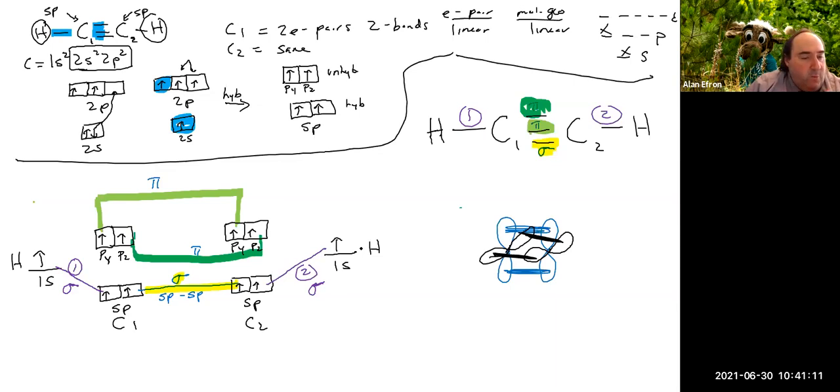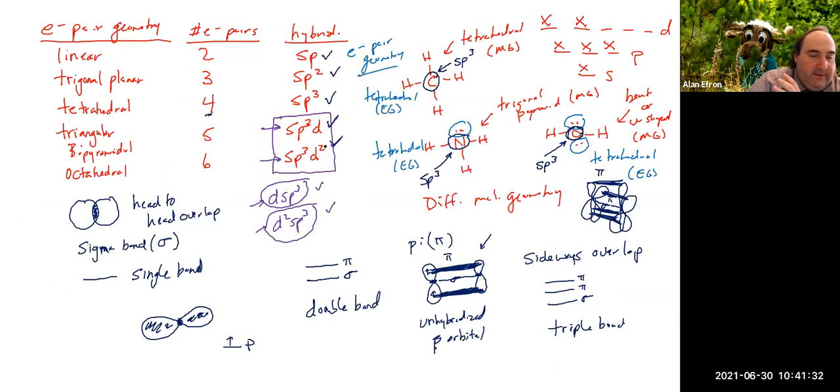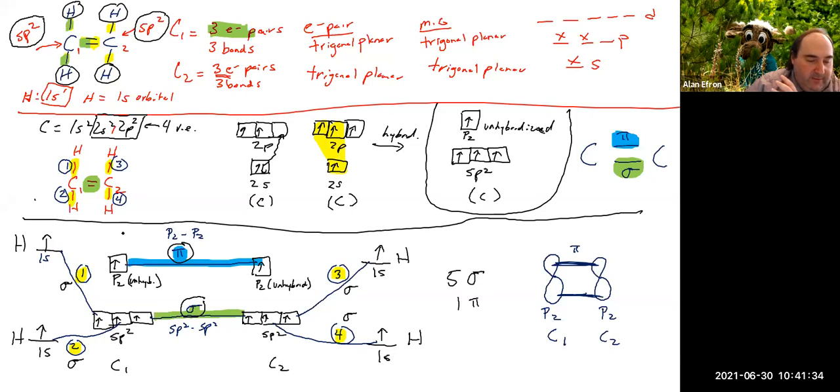The reason we can make the triple bond is because this guy will hybridize as sp rather than sp2, because the sp2 hybridization, like the previous example, only left us one unhybridized p orbital, right?